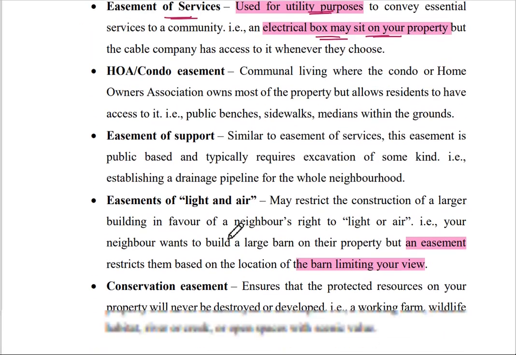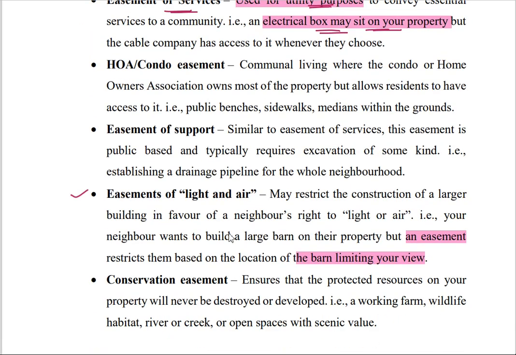Another one is easement of light and air. So basically, let's say you have a property here, and you have the road here. So now you have fresh air and light and everything. Let's say somebody else buys a property just in front of you and makes a very big building there.